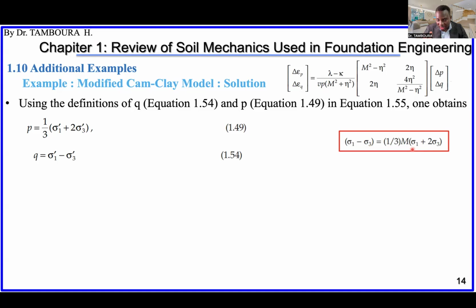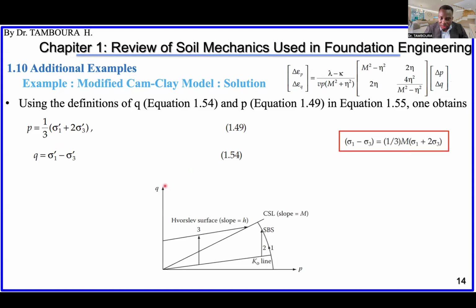So using these two, we can easily use this relationship. You don't understand how we obtain this? It's very simple. I hope you remember this figure, Q and P. And I hope you also remember that the M is just this slope. And what is slope? Slope is just this Q. By considering P and Q, you can obtain the slope. You remember that this P is just this one, okay? And Q is just this one.